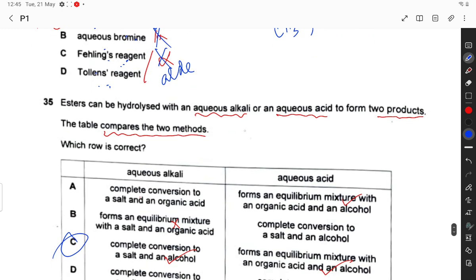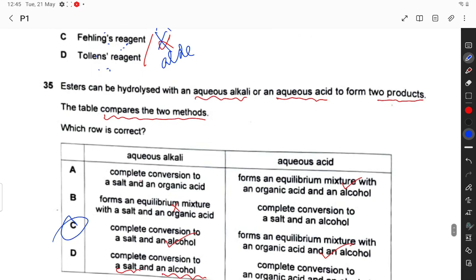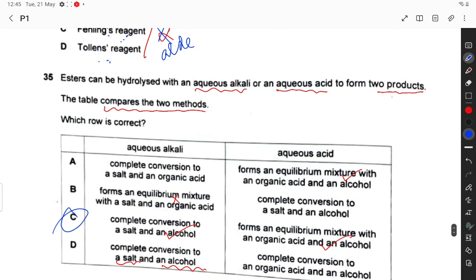Esters can be hydrolyzed with an aqueous alkali or an aqueous acid to form two products. The table compares the two methods. Aqueous alkali: complete conversion to salt and organic acid.